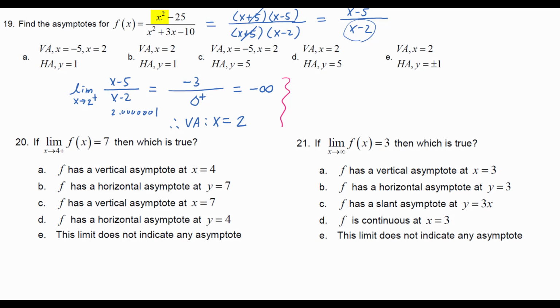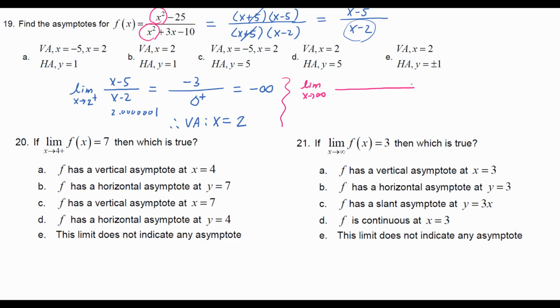Because the degree of the numerator is 2 and the degree of the denominator is 2, we know it has a horizontal asymptote. The way we find the horizontal asymptote is we take the limit as x approaches infinity or negative infinity. If we get a number as the limit value, then we have a horizontal asymptote.